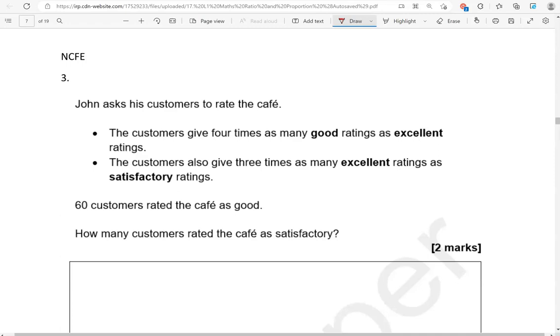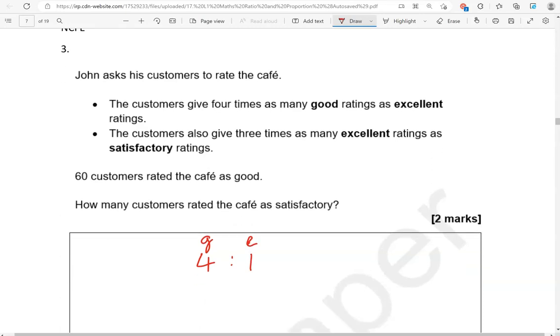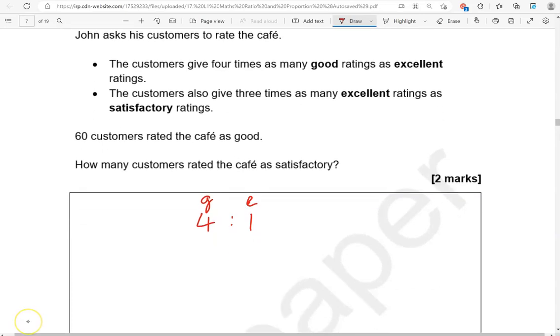So 4 times as many good ratings, so 4 for good, as excellent ratings. So 1 for excellent. So the ratio of good to excellent ratings is 4 to 1. If 60 customers rated the cafe as good, so under good we'll put 60.